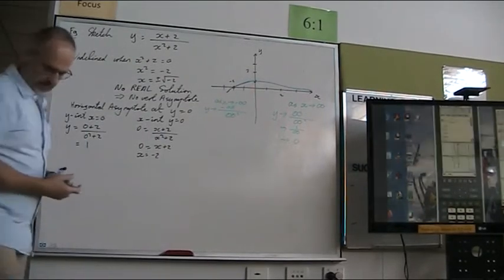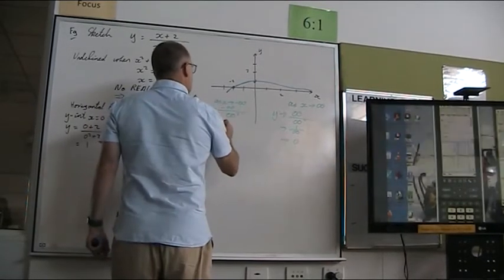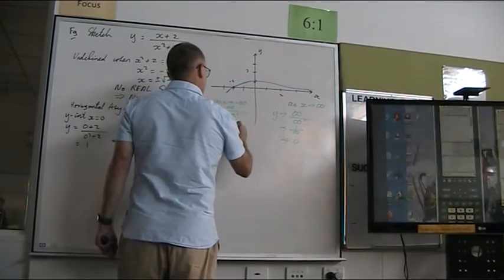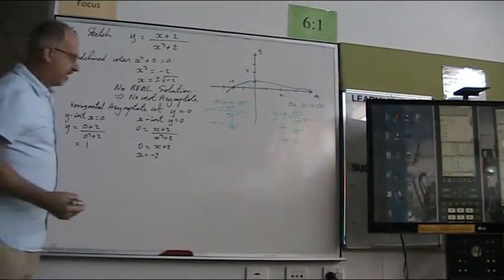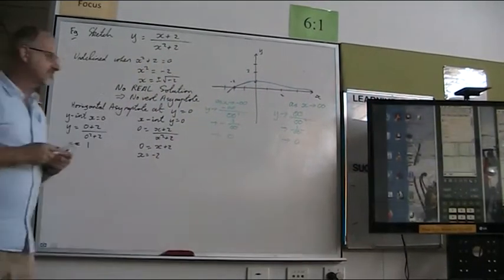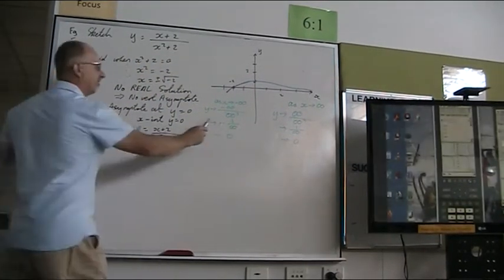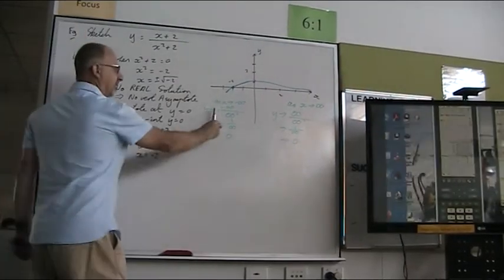Positive infinity squared. So it's going to negative 1 over infinity. And again, that's going towards 0. But this negative means it's going towards 0 from the negative.